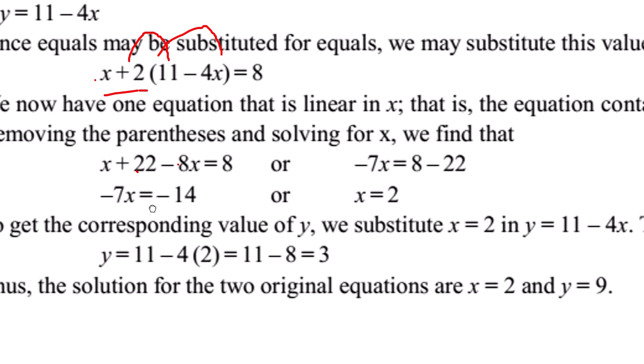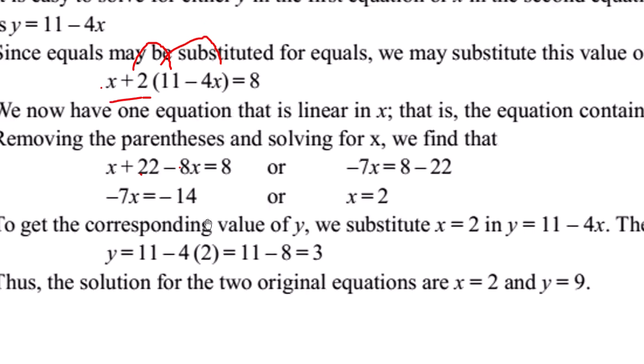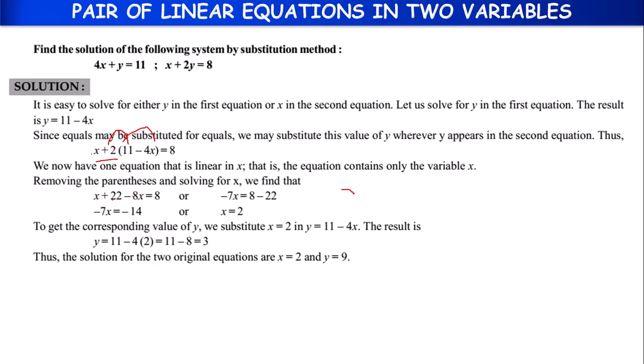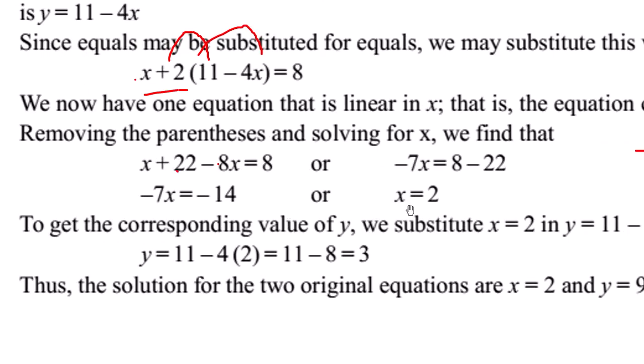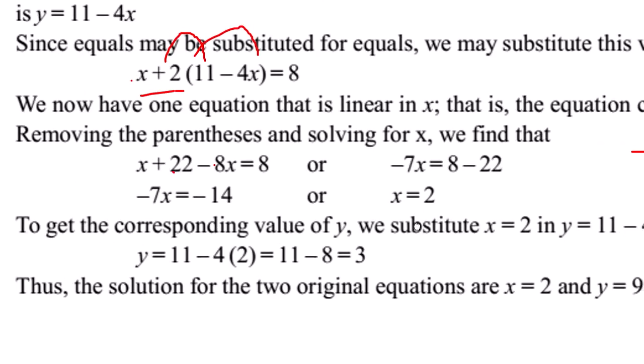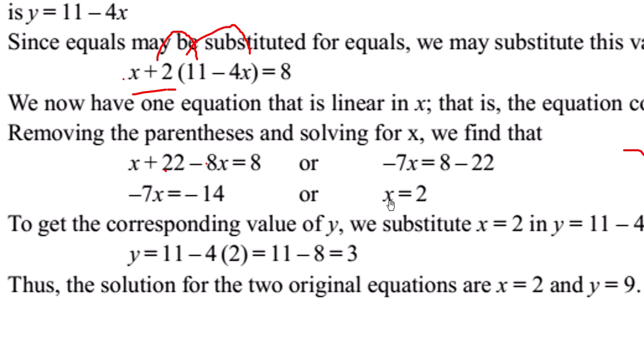So minus 7x equal to 8 minus 22, equal to minus 14, or x equal to minus 14 by minus 7. The minus minus gets cancelled, 7 twos are 14. So x equal to 2. We have got the value of x because of the substitution method.